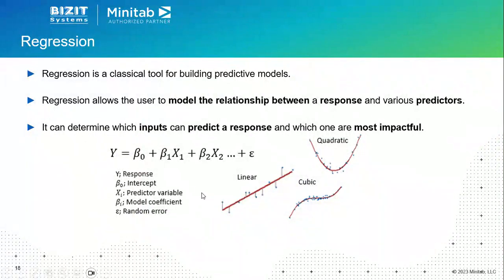So the general equation for the regression is y equals b0 plus b1 x1 plus b2 x2 and so on, plus a random error. Your regression can be linear like this, or it can be non-linear like quadratic or cubic.